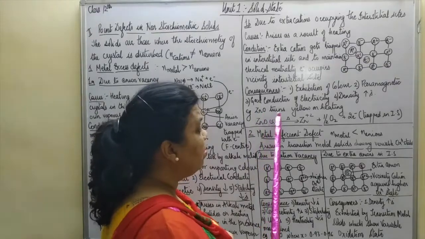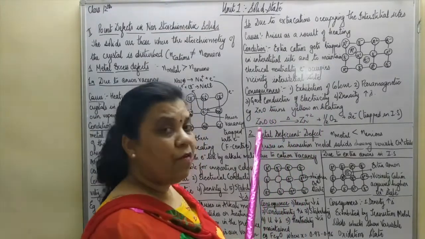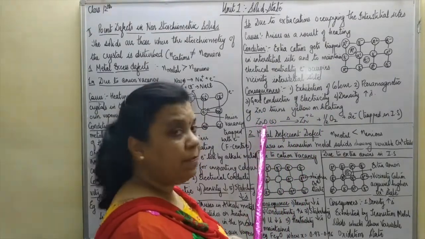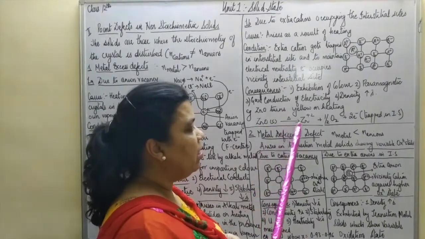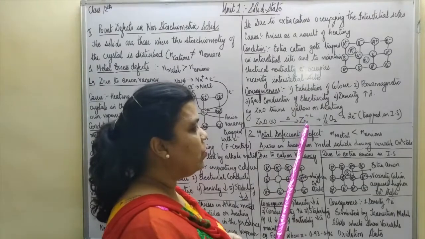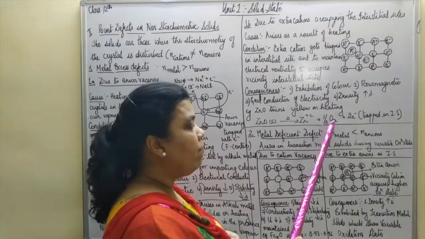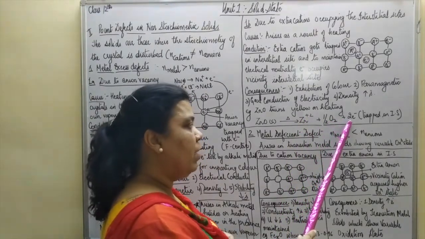Example, ZnO turns yellow on heating. So what happens? Let me explain you by means of this equation. When ZnO solid is being heated, it breaks down to form Zn2+ cations, half O2 molecule, with the loss of 2 electrons.